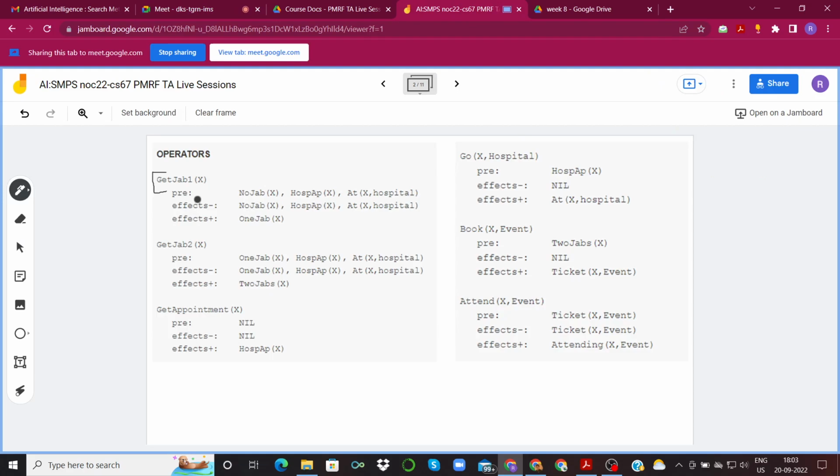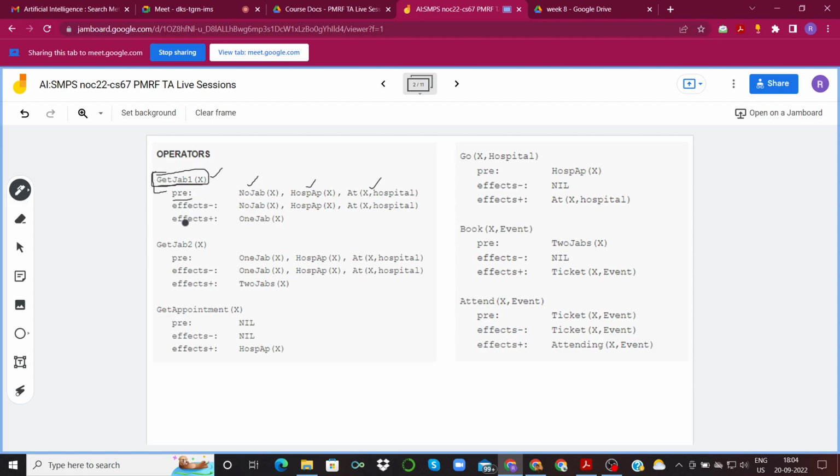We need the preconditions, that is, what conditions need to be true in order for us to use that particular operator. In order to use the GetJab1 operator, we need the following preconditions: the person x must not have taken any jab of vaccine before, basically he should not have been vaccinated till then. He should have an appointment at the hospital and that person should be at the hospital to take the vaccine. So these three are the preconditions for this particular operator GetJab1.